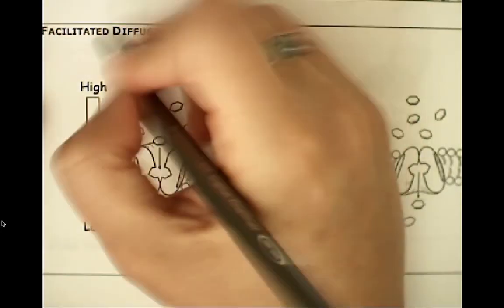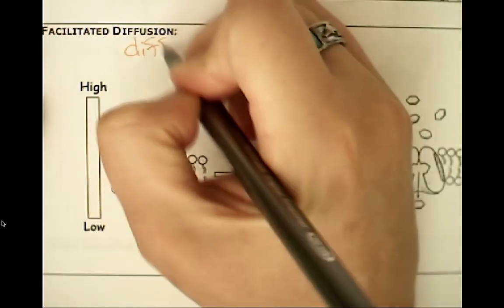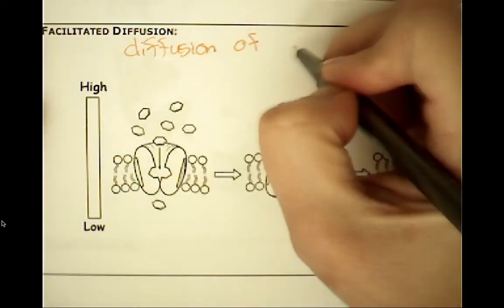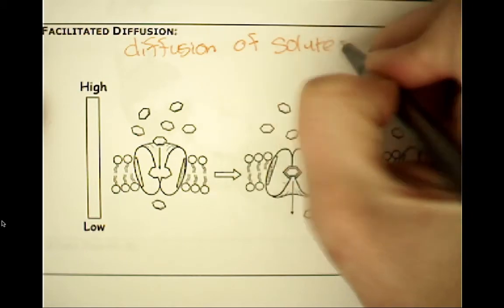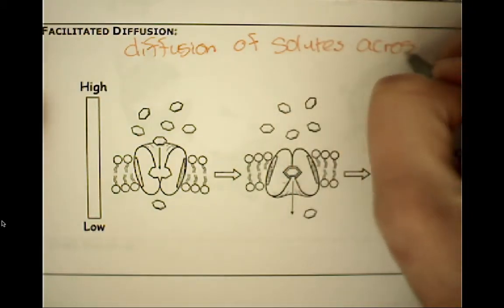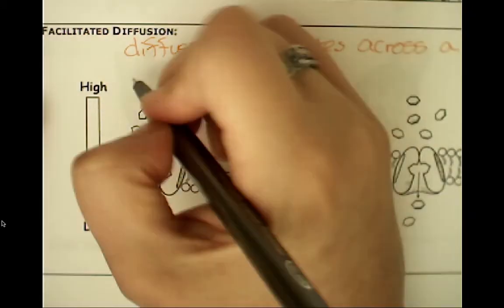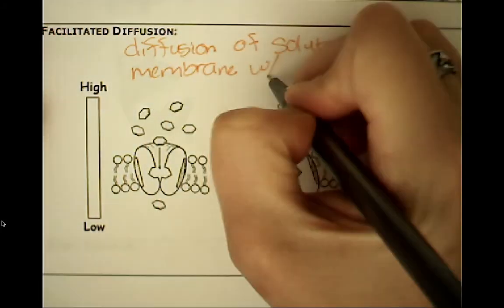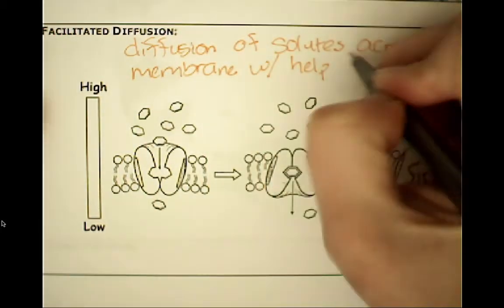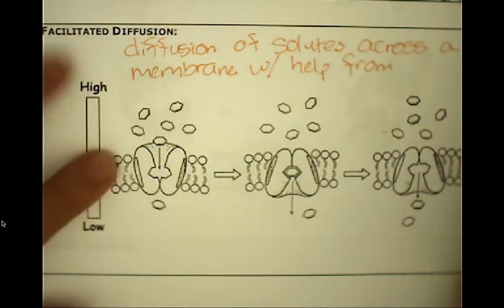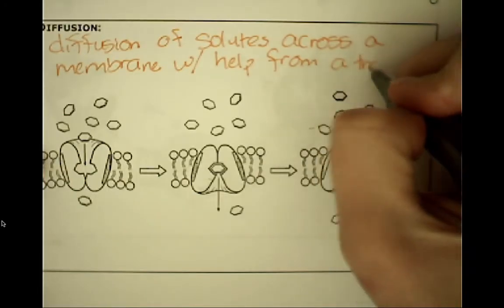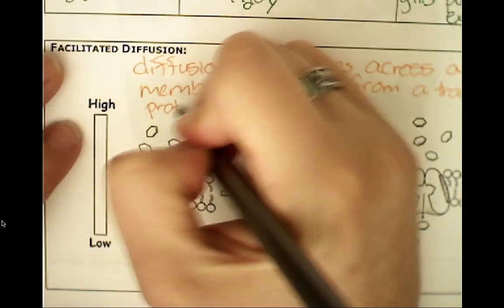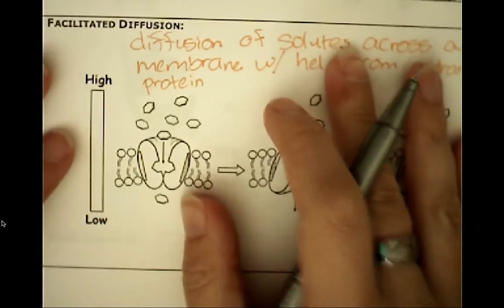So the facilitated diffusion is still part of the passive diffusion process because there's no energy that's required, but it's diffusion of solutes across a membrane. So it's the same idea with help from a transport protein, an integral protein. That's the key part. Okay, it's an example of passive transport.